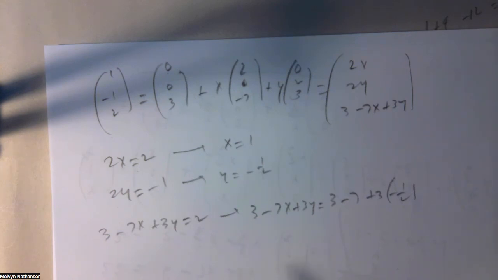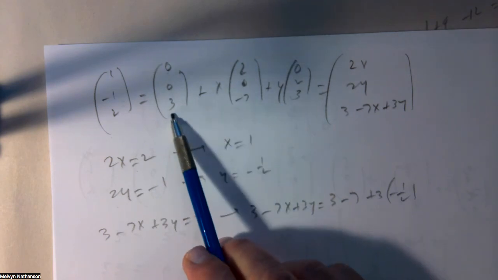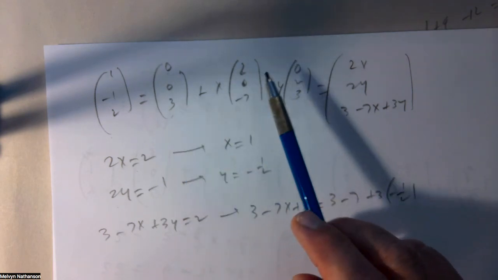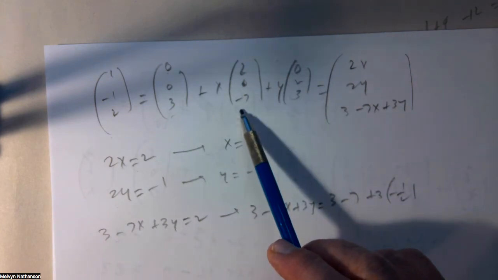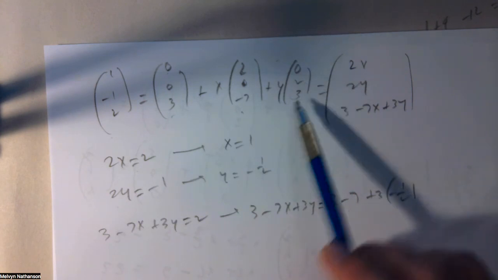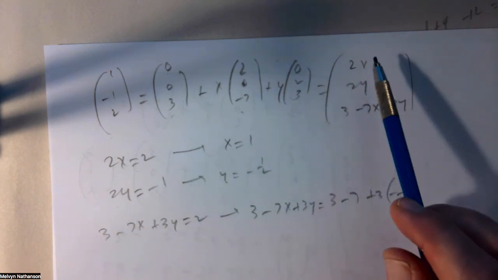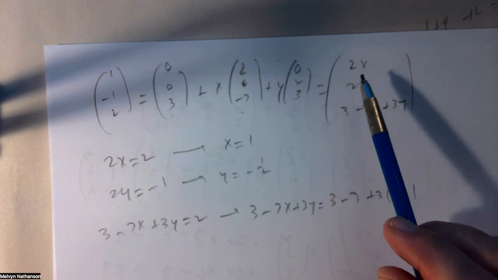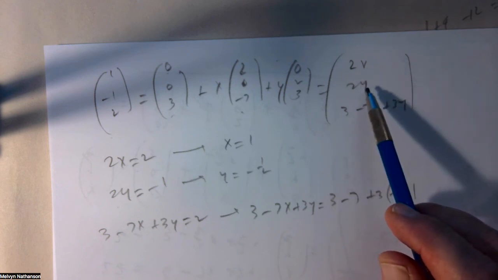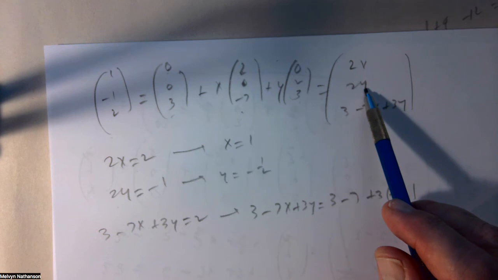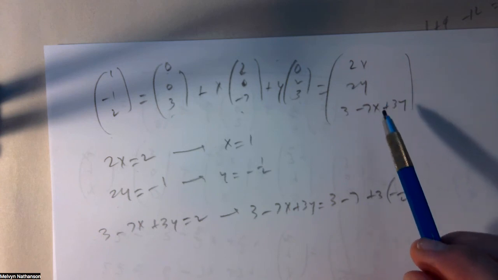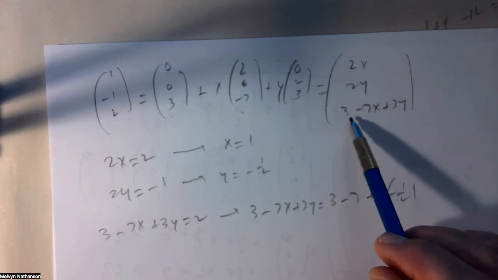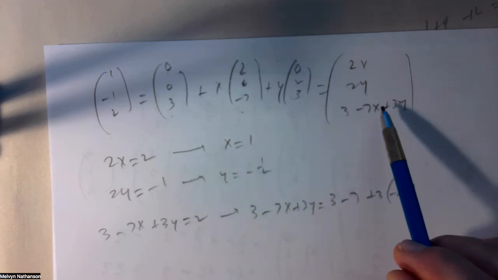So let me just double check my arithmetic. (0, 0, 3), (2, 0, minus 7), and (0, 2, 3). So I get 2x, 2y, and 3 minus 7x plus 3y.